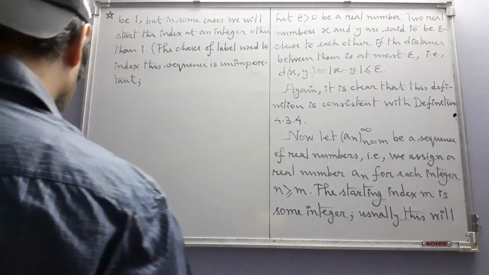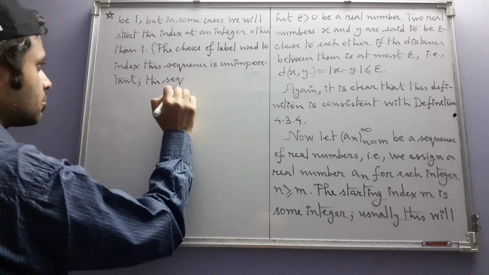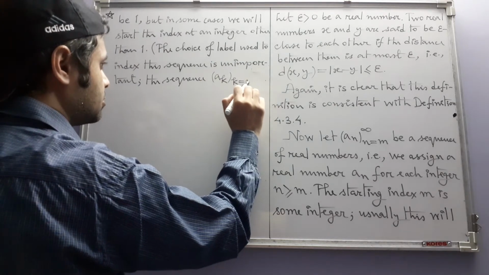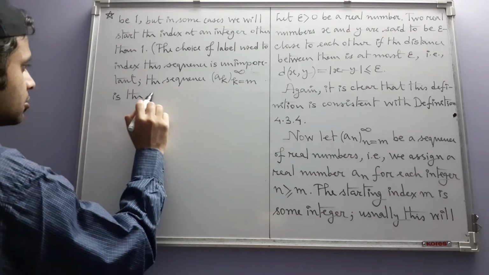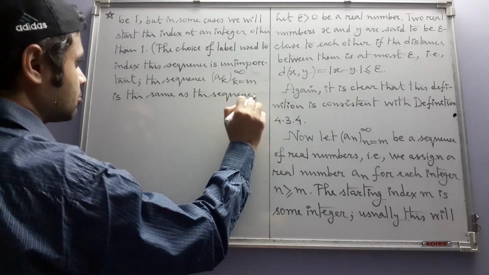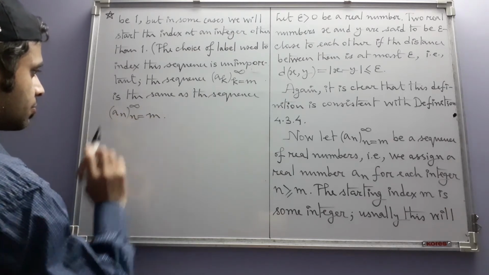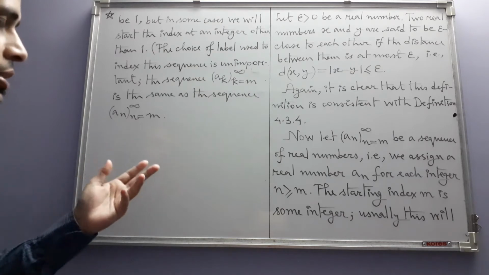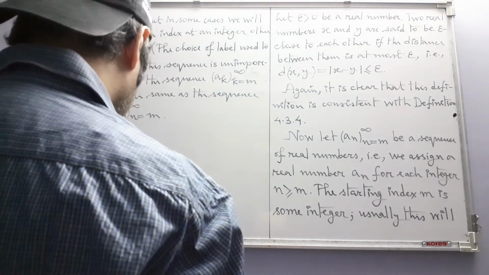And the reason is this: the sequence ak, where k varies from say m to infinity, is the same as the sequence an. So whether we call this index k or n, it does not matter, because these are just some names given to a variable, a dummy variable. So that does not change anything.